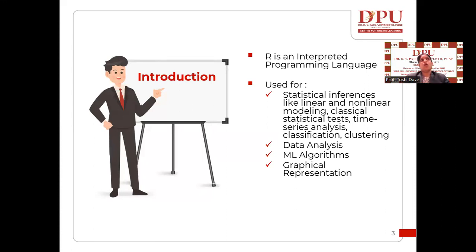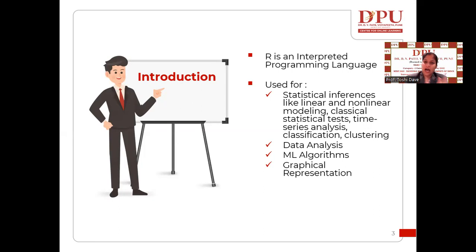Now, what is the utility of R? Why are we offering R in the course curriculum? The very first reason is that it is in demand. Second, R is generally used for statistical inference, like linear and non-linear modeling, classical statistical tests, time series analysis, classification and clustering.